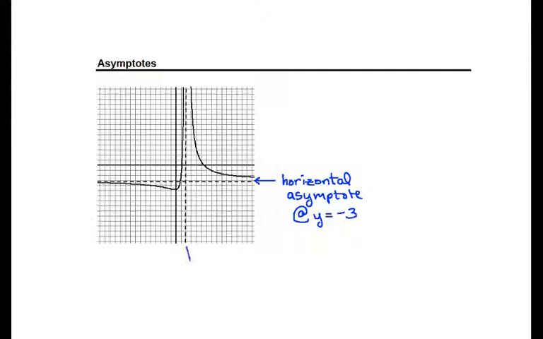And we can also see that we have a vertical asymptote at x equals 2. Now these asymptotes are lines that the graph approaches, and whether or not the graph crosses kind of depends on the situation. With a vertical asymptote, the graph of a function cannot cross it.